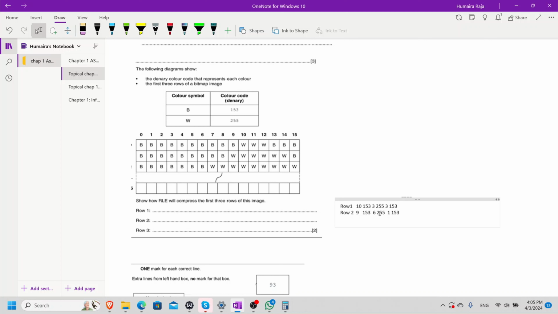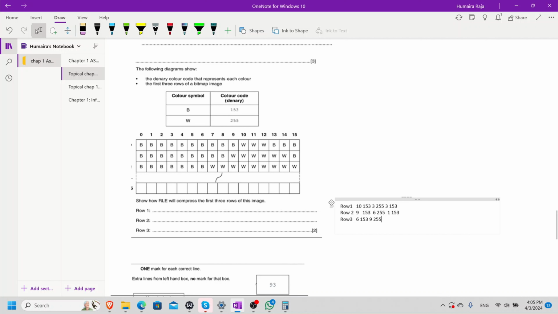Okay, for row 3, how many blacks do I have? I have 6 black, so I will write their count and I will write their code. Okay, and then how many whites do I have? I have 9 white, and their equivalent code is 255.